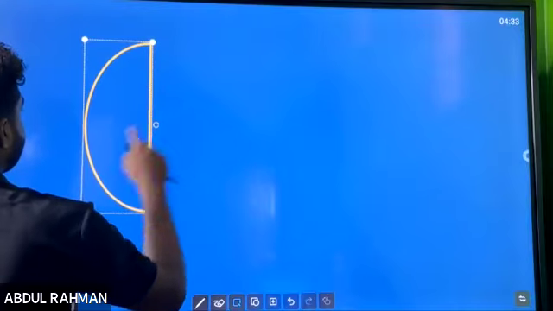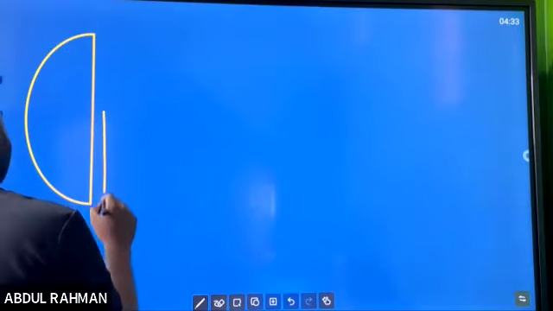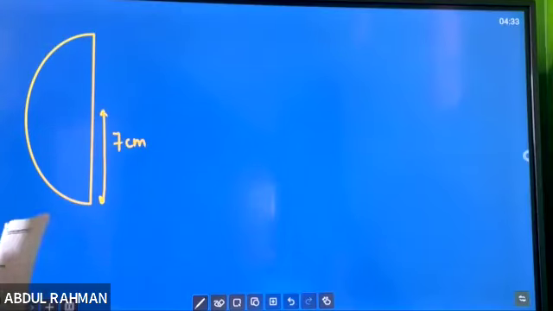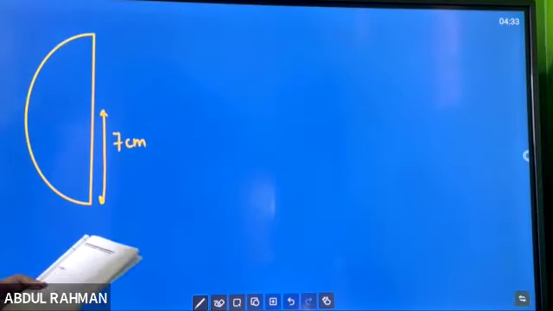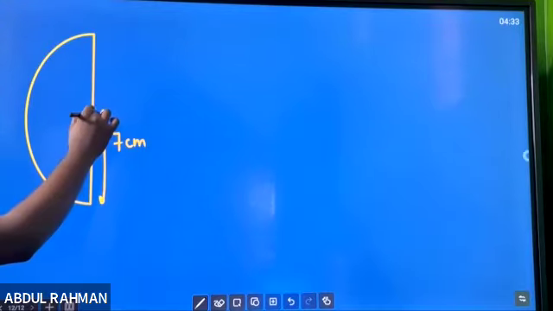The semicircle has a radius of 7 centimeters. I'll give you 1 minute. Try to do this. Find the perimeter of this semicircle. This is the center.